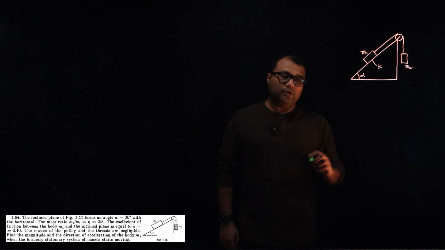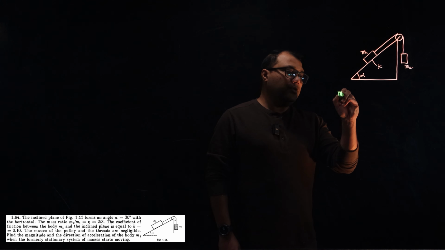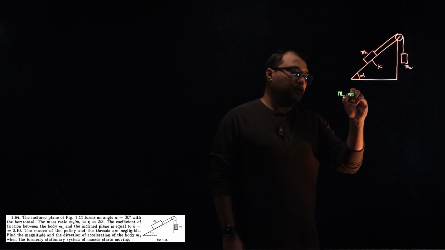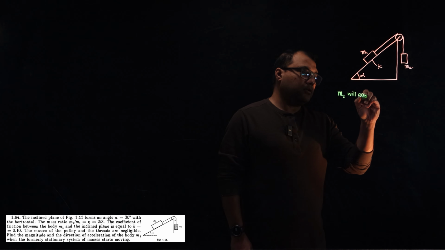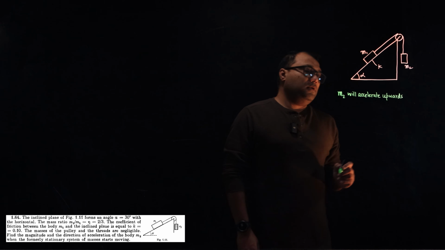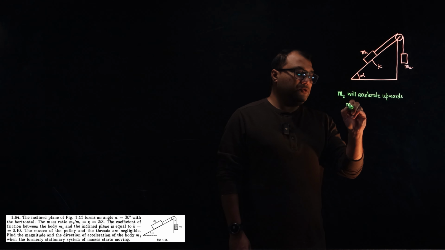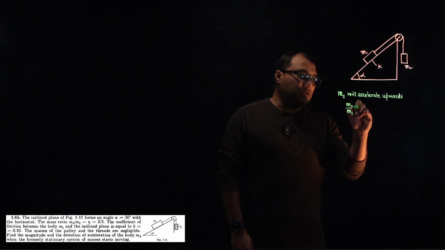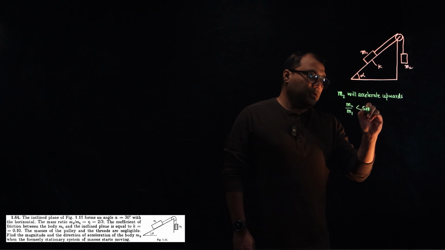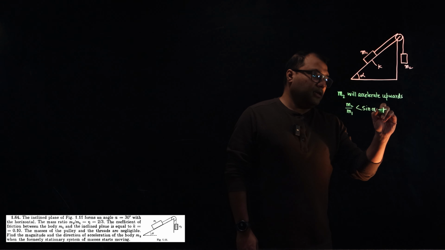So, the results that we obtained are: m2 will accelerate up if the ratio m2 by m1 is less than sine alpha minus k cos alpha.